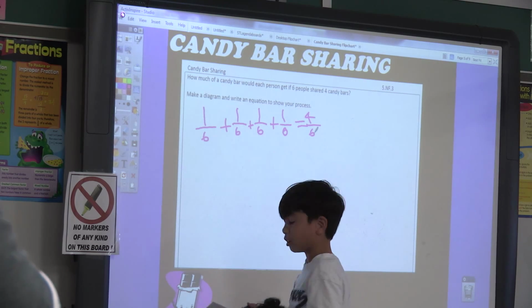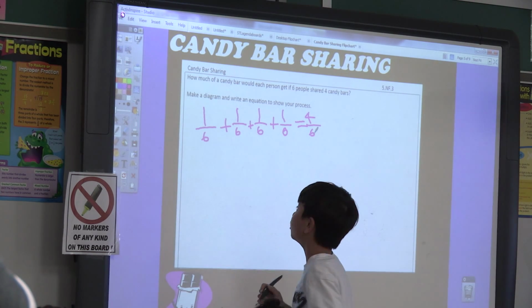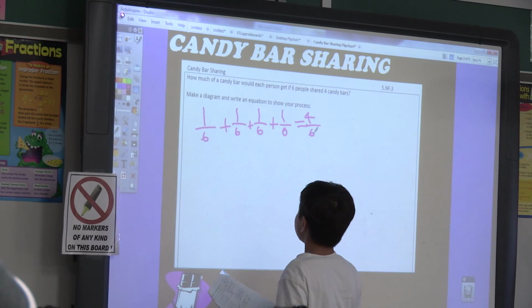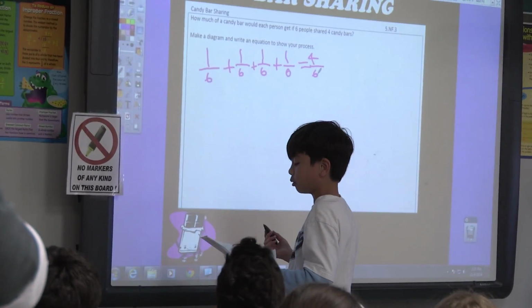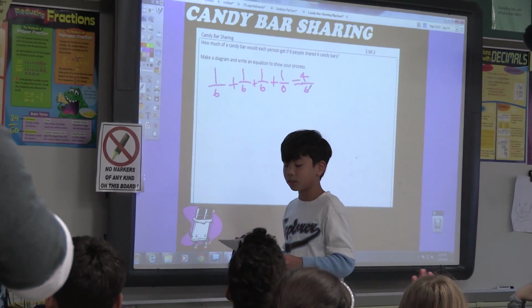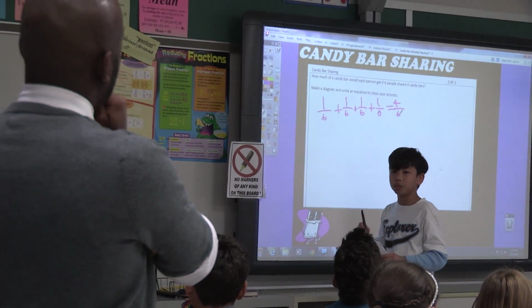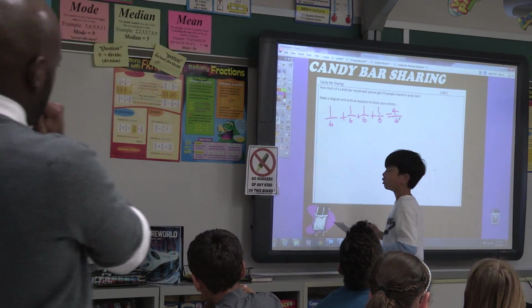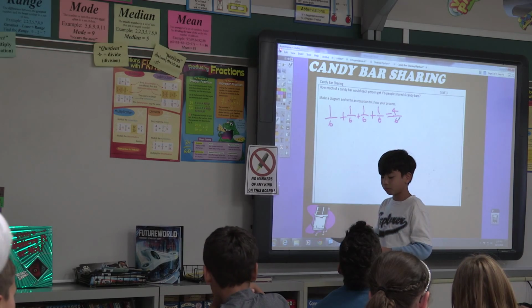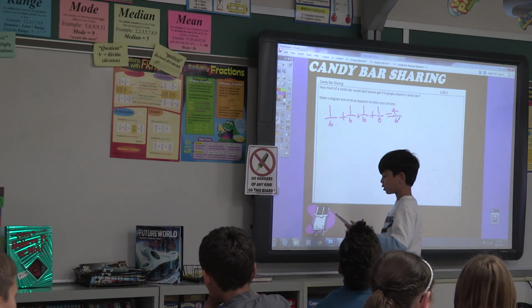So they would get 1/6 from each candy bar. So we wrote 1/6 plus 1/6 plus 1/6 plus 1/6 equals 4/6 because they would get 1/6 from each candy bar, in order for them to break it into equal amounts.